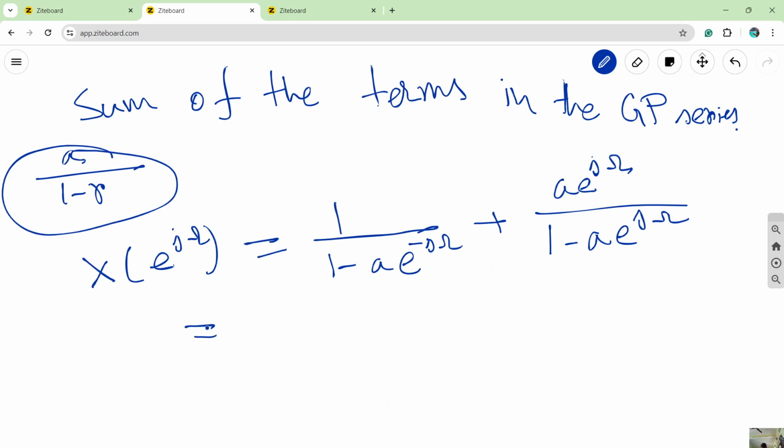So if we solve this, let's multiply these two terms in the cross direction.